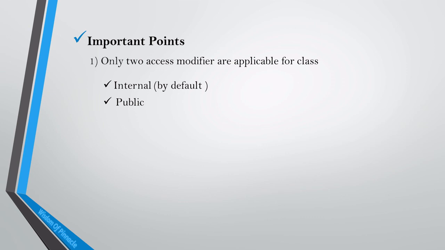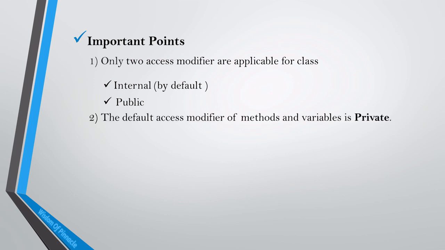Next, the default access modifier of methods and variables is private. Since methods and variables are written inside the class, they are always private to that class, but if the situation demands, we can definitely make them public.